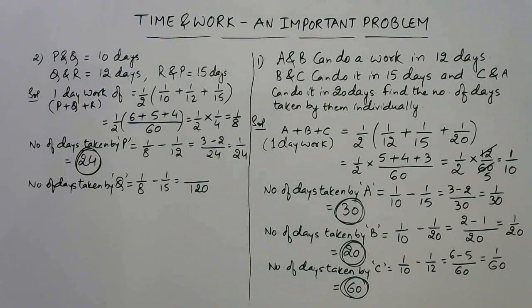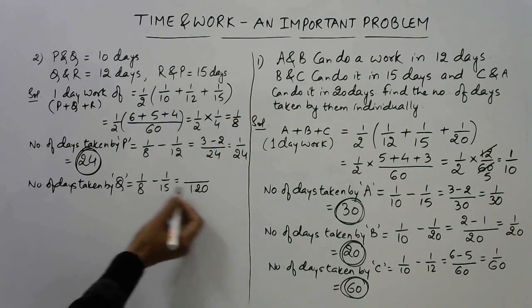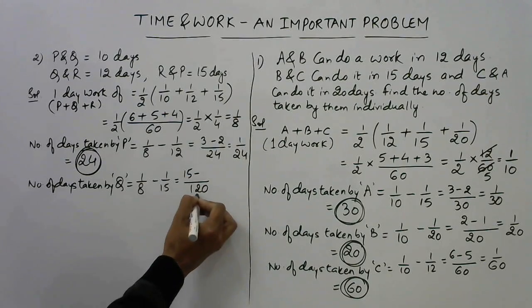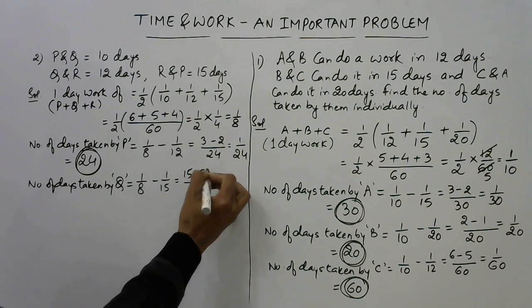So we have the second part. The LCM comes out to be 120. And when we have found this, the numerator can be very simple. So 120 divided by 8 is 15, minus 120 divided by 15 is 8.